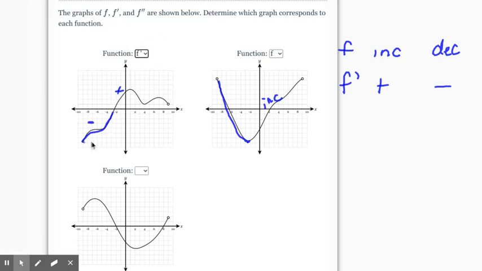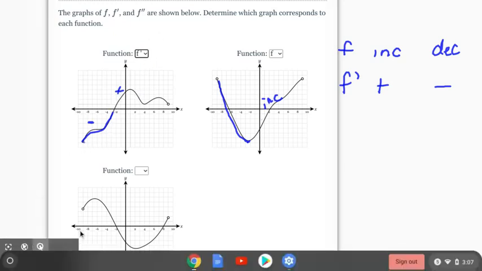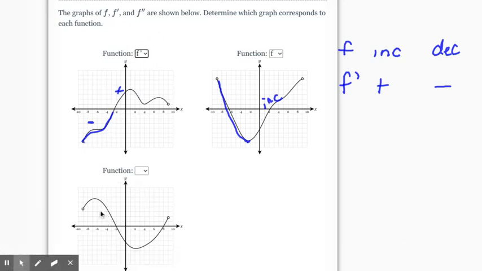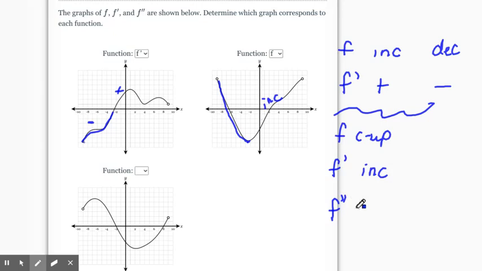Okay, so that could work. So then we have to check, well, is this one a second derivative? Here's what I know about my second derivative. If my first function is concave up, then the derivative will be increasing, and the second derivative would be positive.